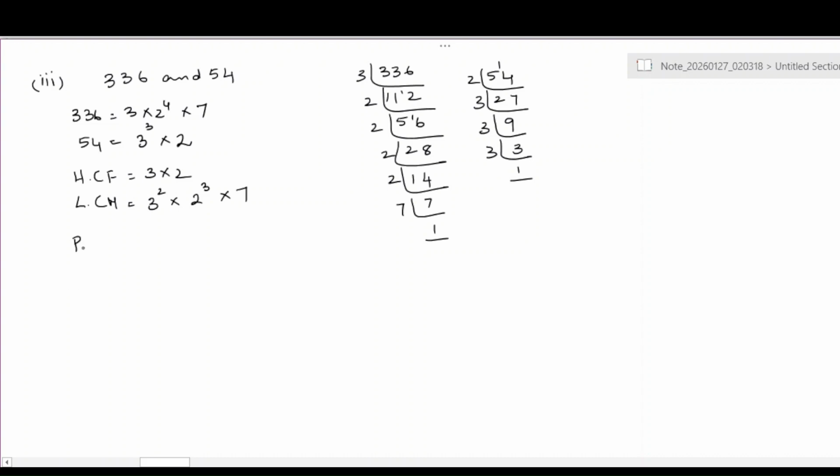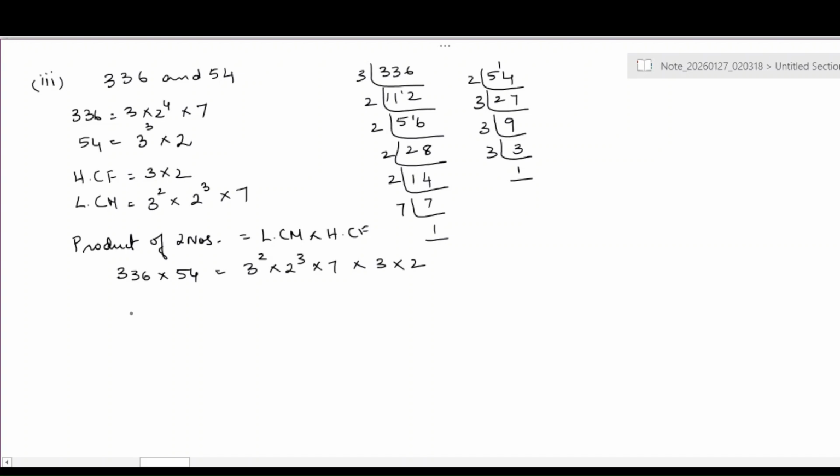So we'll write product of two numbers is equal to LCM into HCF. So product of two numbers will be 336 into 54 is equal to LCM, which will be 3 cube into 2 to the power of 4 into 7, and this will be 3 into 2.